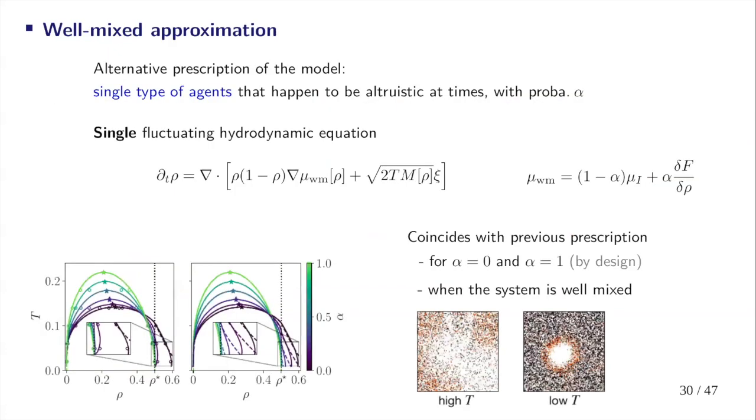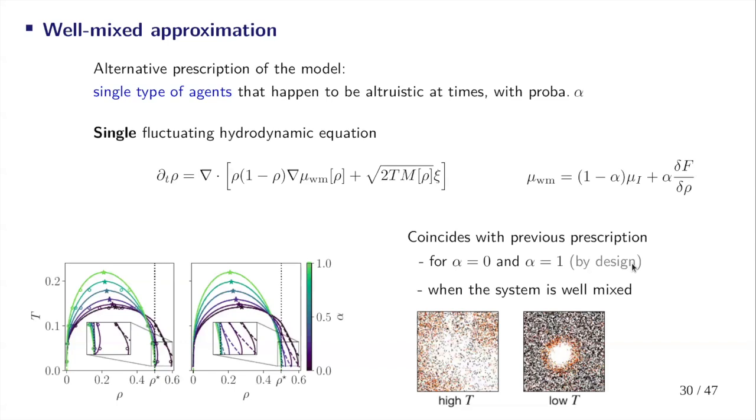Okay, so how can we understand this behavior? First, the naive approximation would be to consider a well-mixed system. And actually, this is very efficient. We didn't expect that to be that efficient. The idea is just to say, okay, it's a mean field, well-mixed system where agents can now be altruistic at times with a probability alpha.